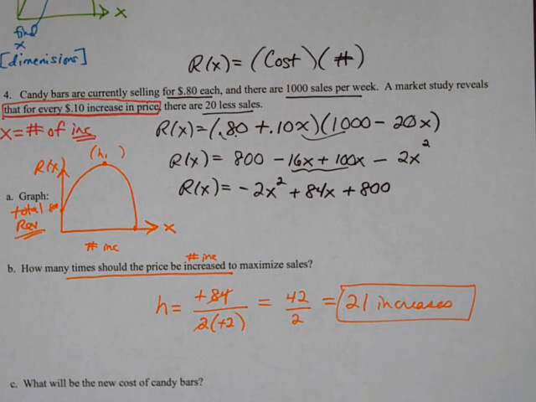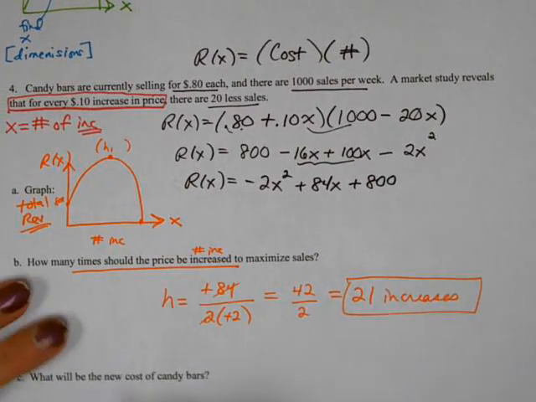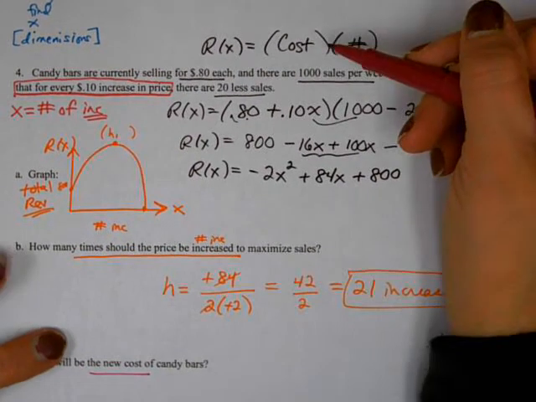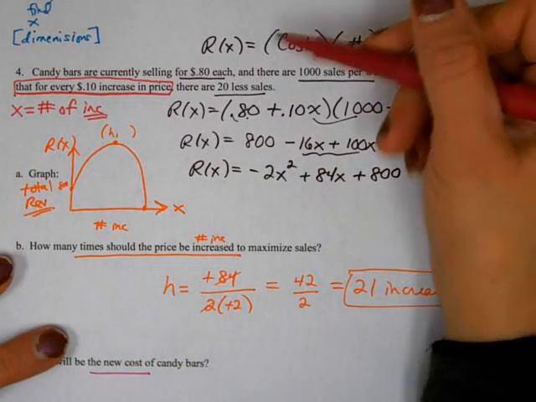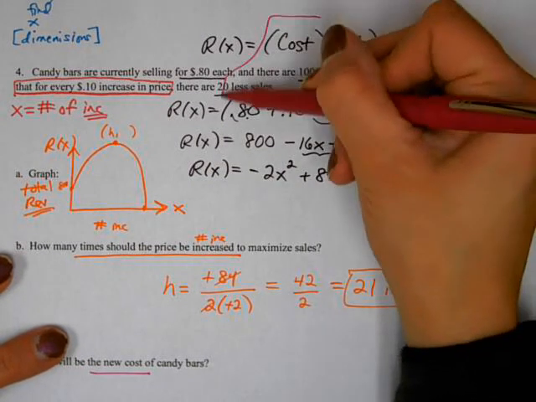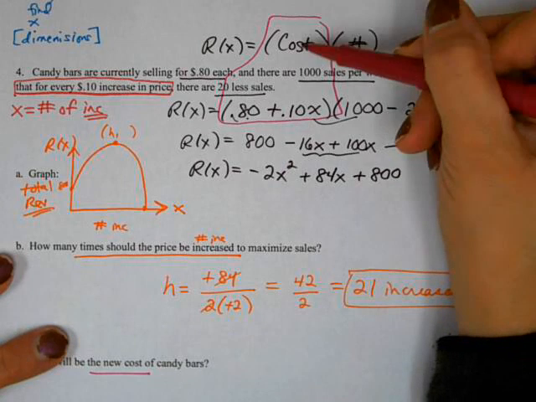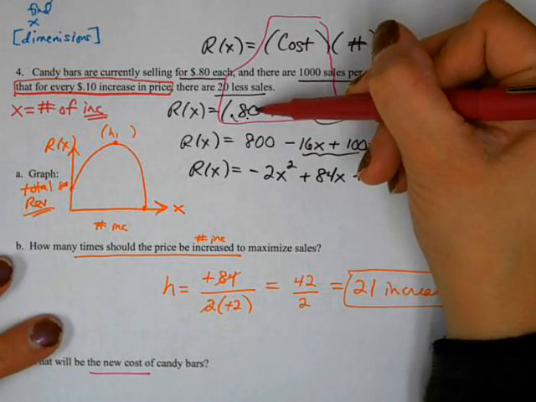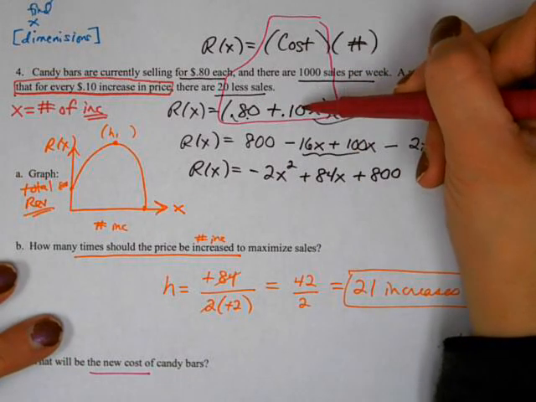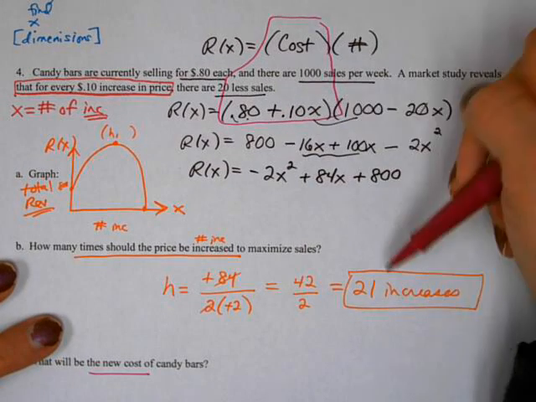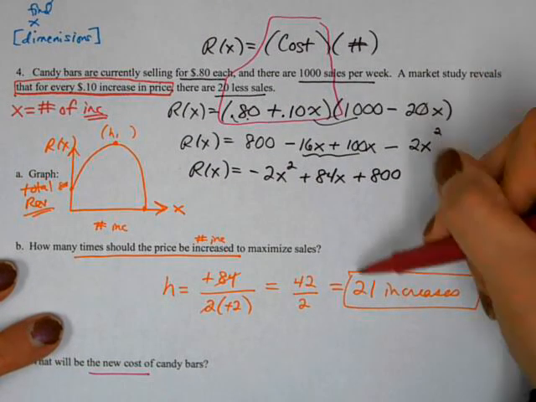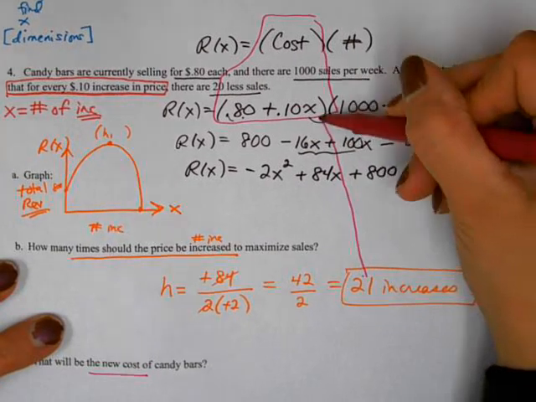So now we're going to take a look at what the new cost should be. If you go back to the original equation, the cost is right here. The cost used to be 80 cents, but I'm going to increase it a dime. How many times? 21 times. So 21 is going to go right in there.